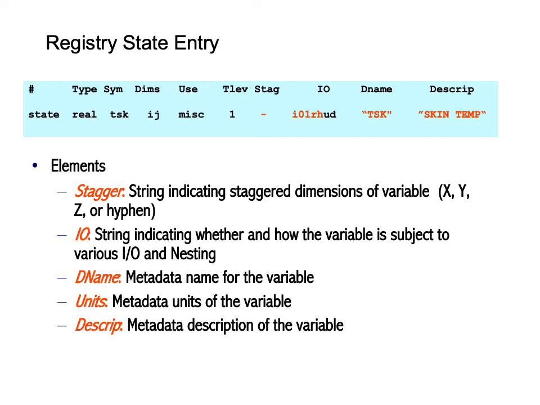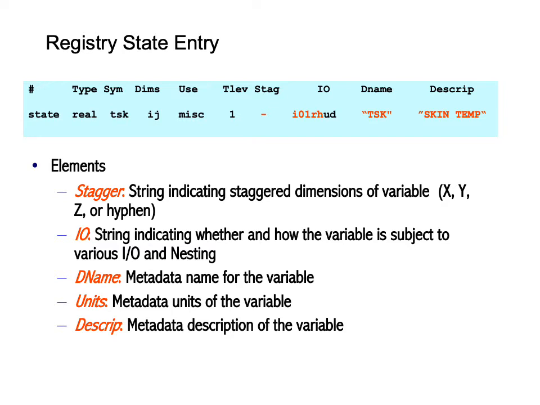And hyphen refers to variables that are defined at the middle of the cell point instead of a cell face. So moisture, pressure, temperature. The IO string is overloaded. It includes information for both IO, is a variable input or output, what streams is this variable associated with, and also nesting is associated with the IO string.